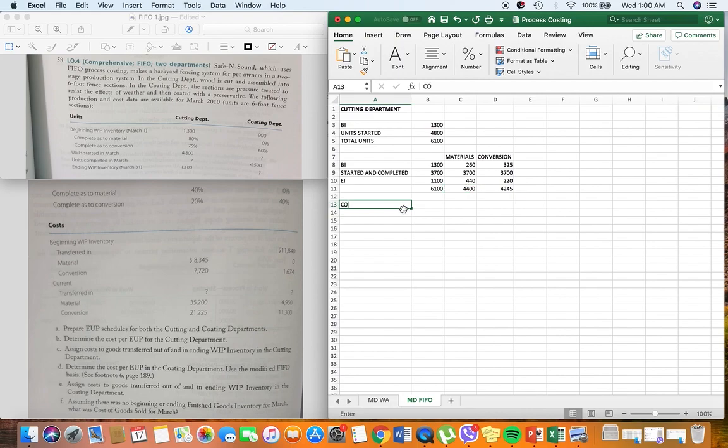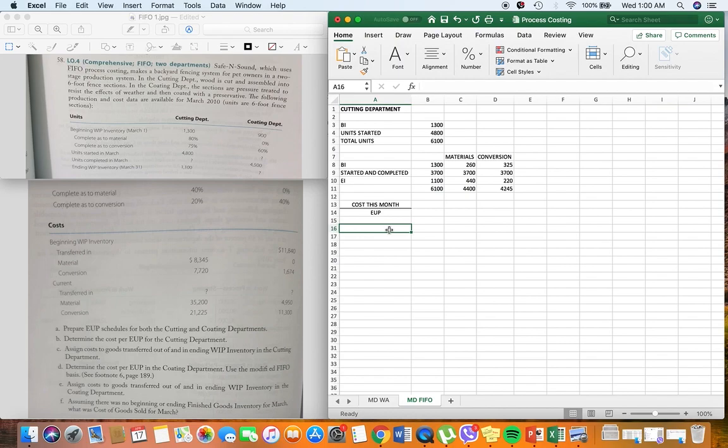We will only include the cost this month, and we will divide our cost this month for materials and conversion by the EUP we have computed. So, we do not include the cost last month, of course, because we are very particular that we only include the work done this month for our EUP computation. Okay?